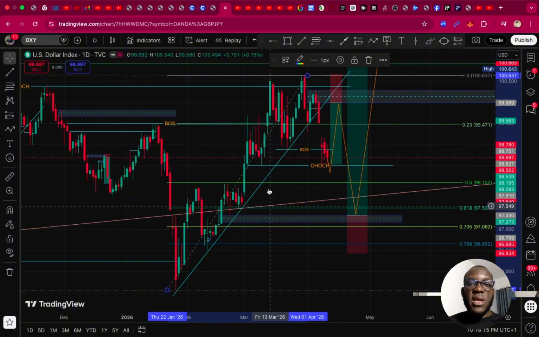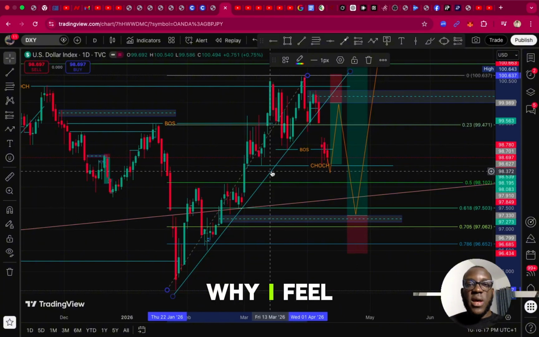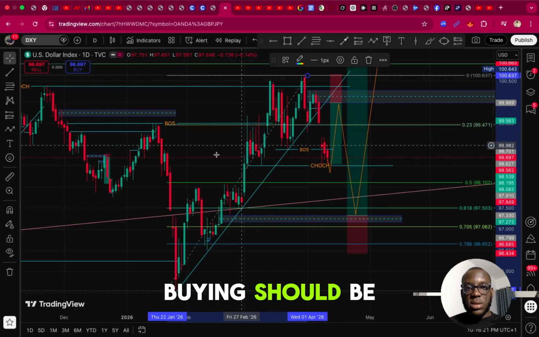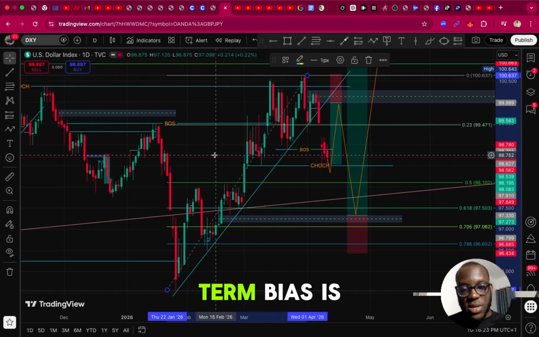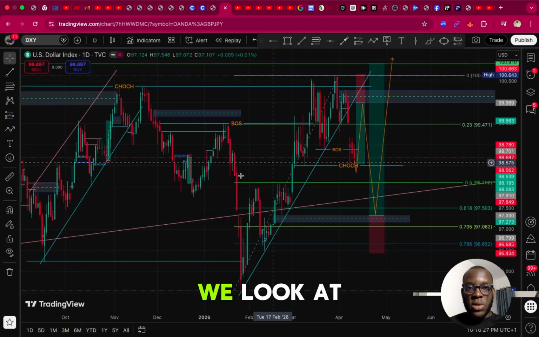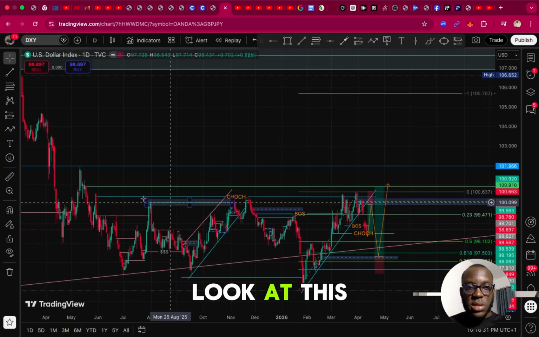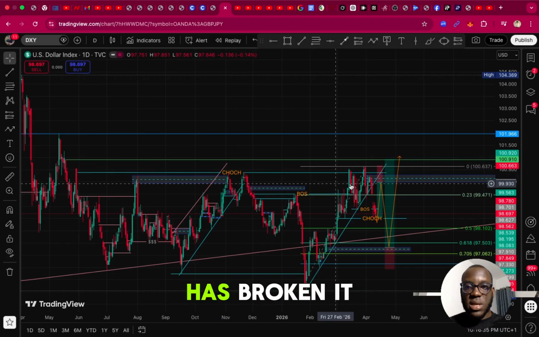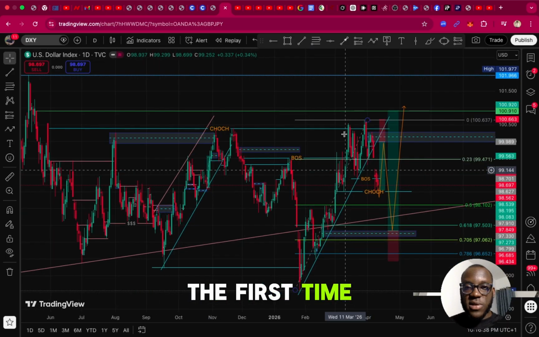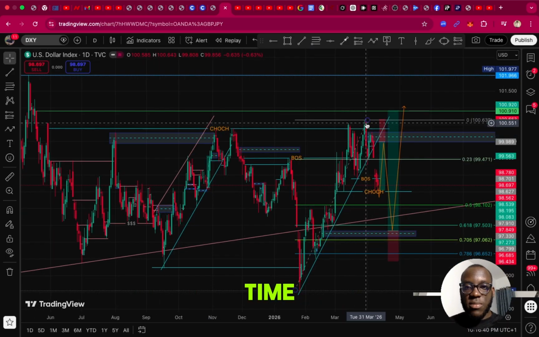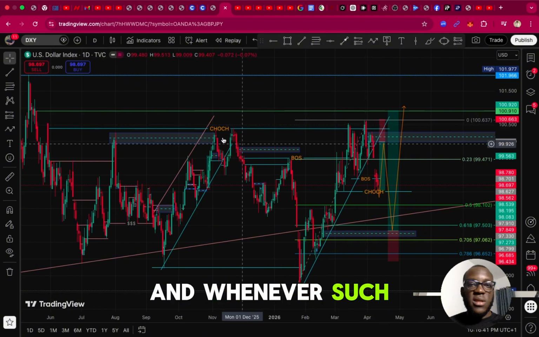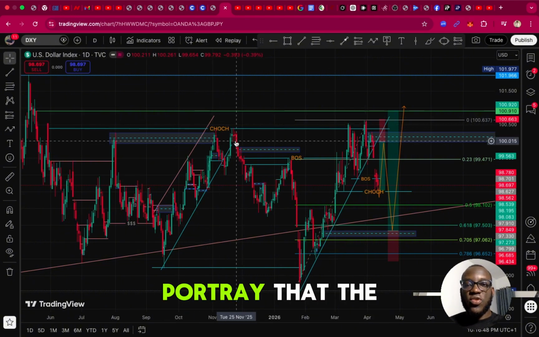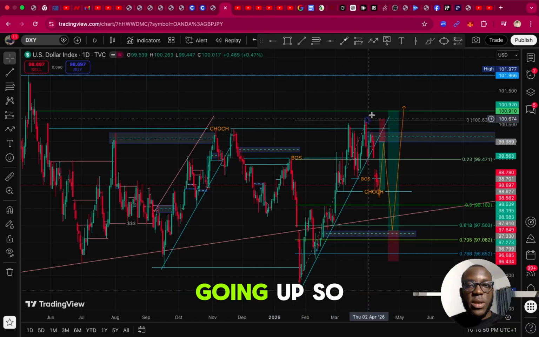But nevertheless, the other reason why I feel that the market should be buying, in a long term bias, is because when you look at this area of resistance, the market actually broke it the first time and also broke it the second time. And whenever such things happen, it portrays that the market would be going up.